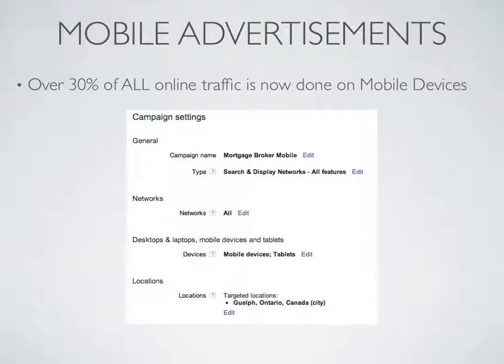This is actually a screenshot from the campaign that I set up as an example in the Monthly Mastermind, and it shows you we're on the search and display networks, showing up only on mobile devices and tablets like Playbooks and iPads. And we're only targeting people in our target market, which is Guelph, Ontario, Canada. And you can do the same. You can target mobile phones just in your local target market. It's really cool stuff.